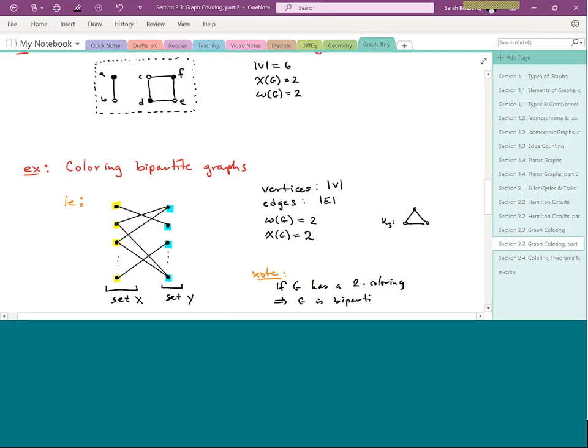Anybody have a guess how you should divide up those vertices? You got it. Just divide them up by your colors. So whichever vertices you colored with whichever color it was, put them in one of the sets, and all the other vertices of the other color in the other one.